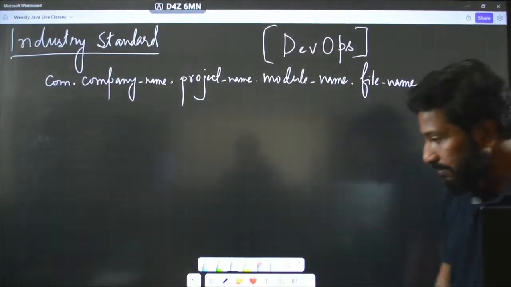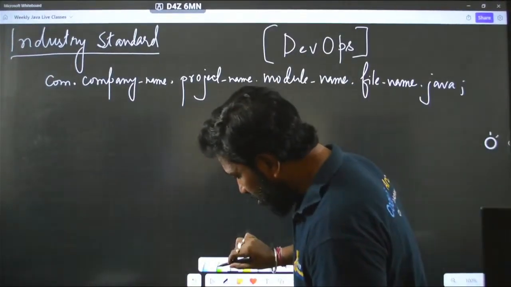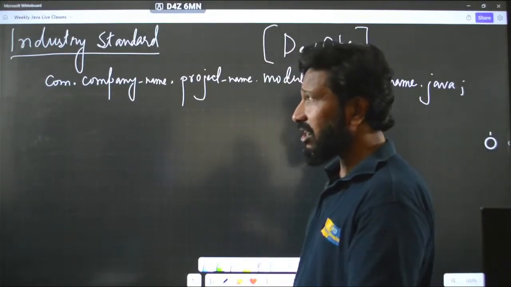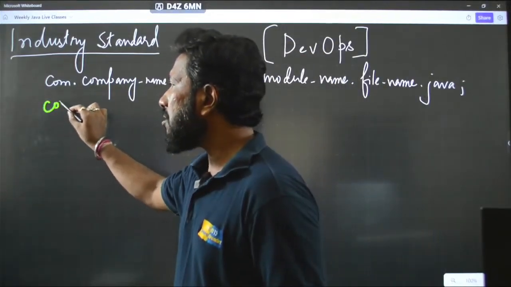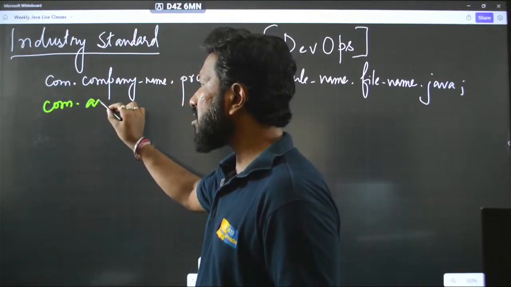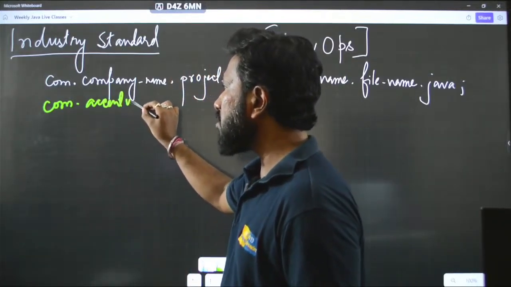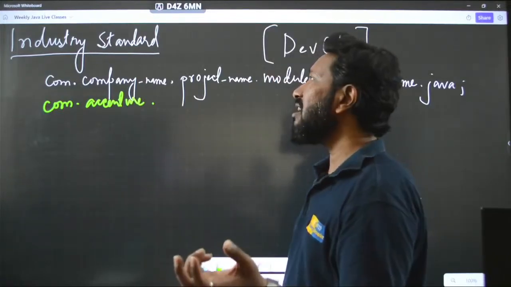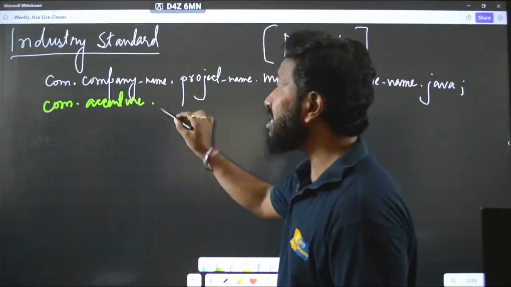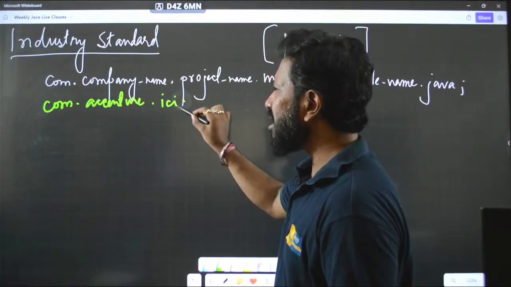So for example, suppose you are working for a company called Accenture, so you can write your package like this: com dot Accenture dot, say Accenture is building a website for ICICI Bank, just for example.